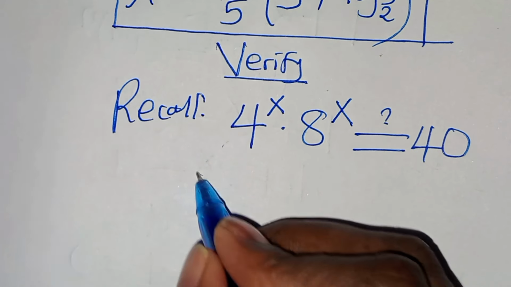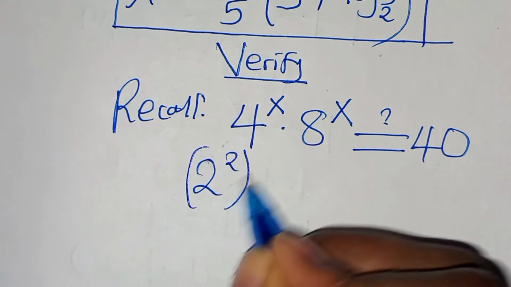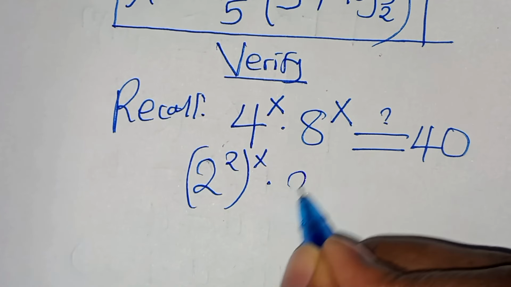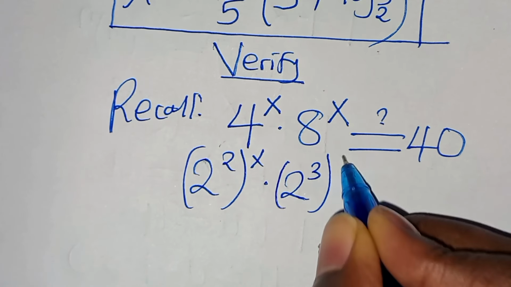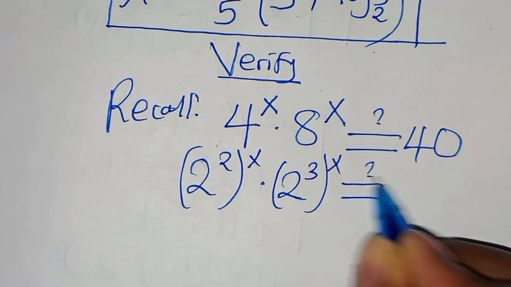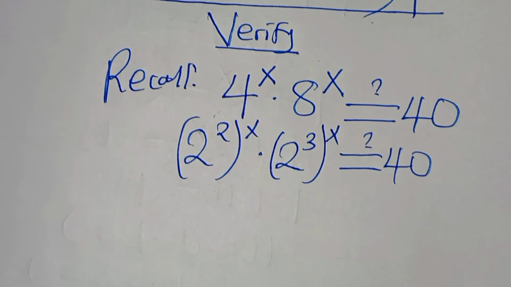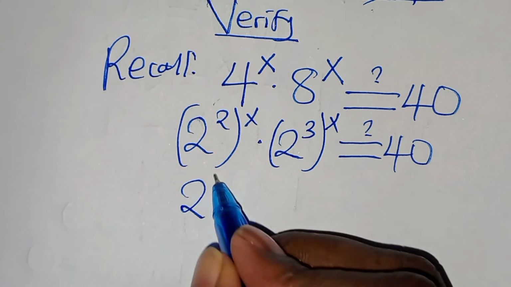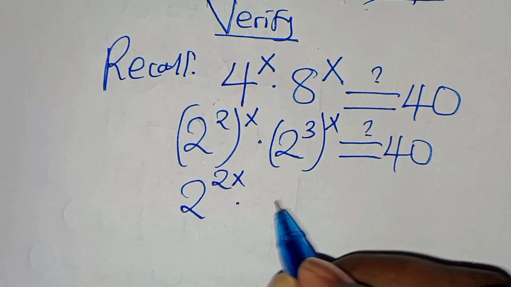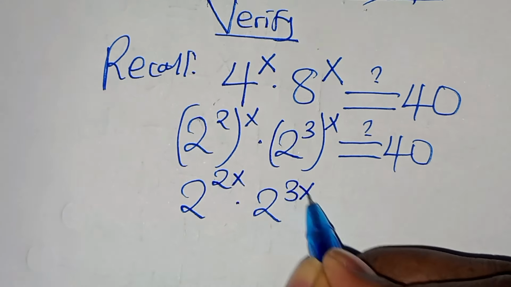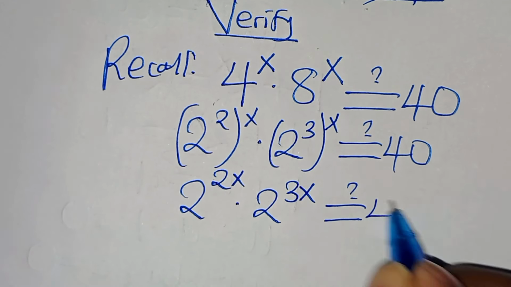So now we express 4 as 2 to the power of 2, then raised to the power of x, times 8, which is 2 to the power of 3, raised to the power of x. This is supposed to give us a value of 40. So this is 2 to the power of 2x multiplying by 2 to the power of 3x. This should give us a value of 40.